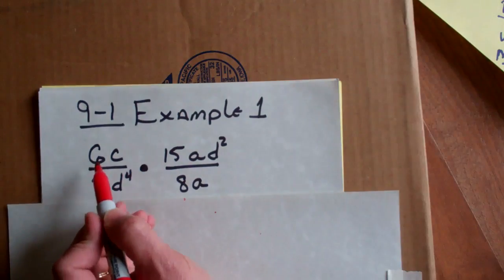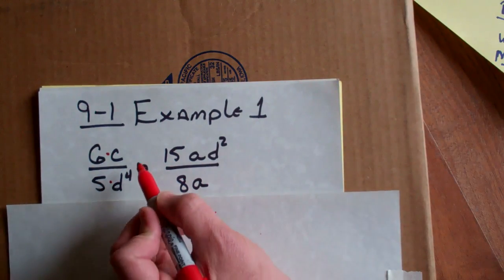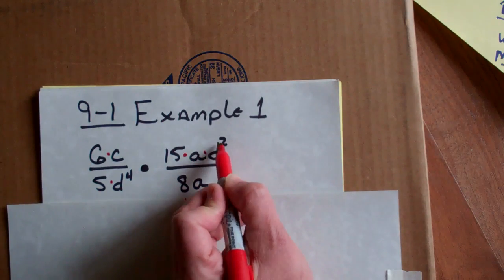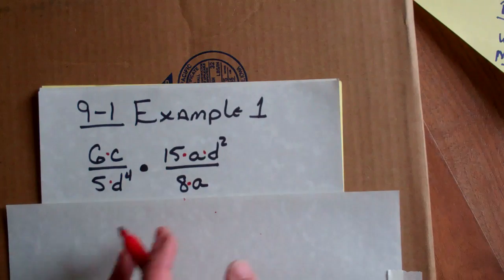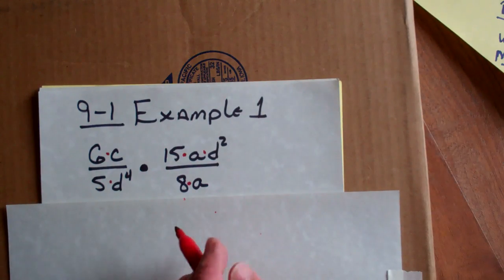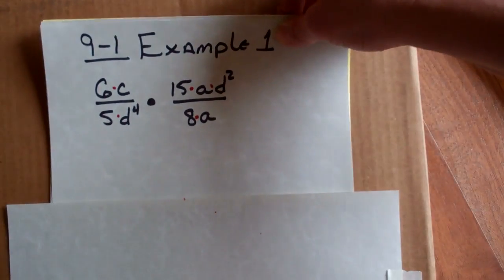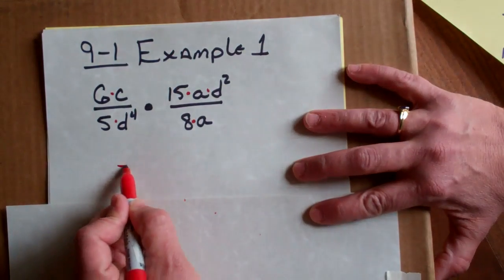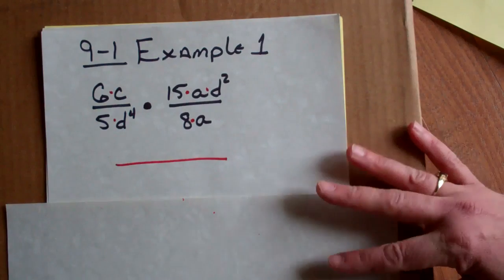The first example I want to do with you is this basic example. If you look, we have 6 times c over 5 times a d to the 4th, that whole expression times 15 times a times d to the 2nd all over 8 times a. You can see it's all multiplying and dividing. You don't see any plus signs or minus signs in here at all. So we have a right to reduce. As we reduce this, I would recommend that you also write your solution as you go. It's easy when these get pretty big to lose track of different factors.